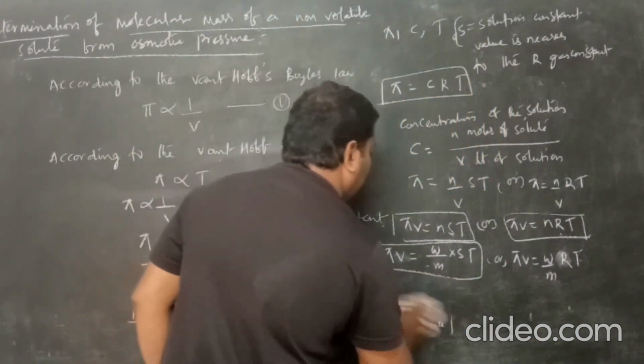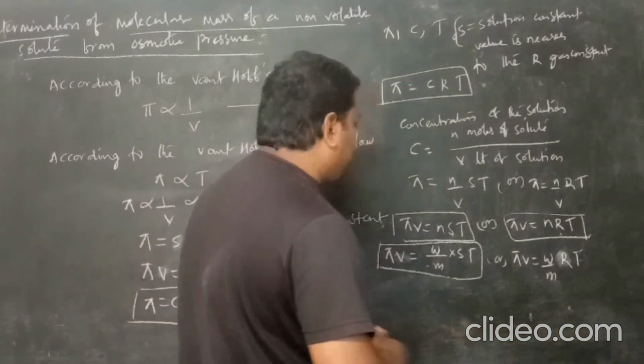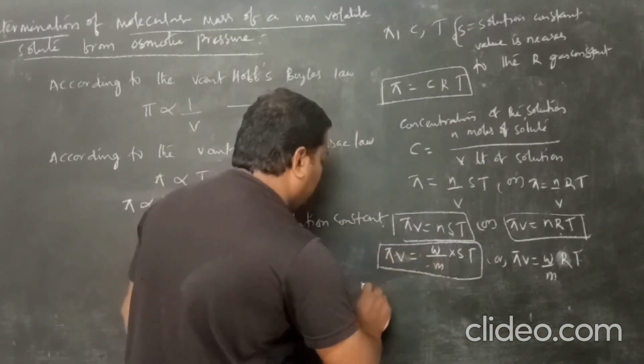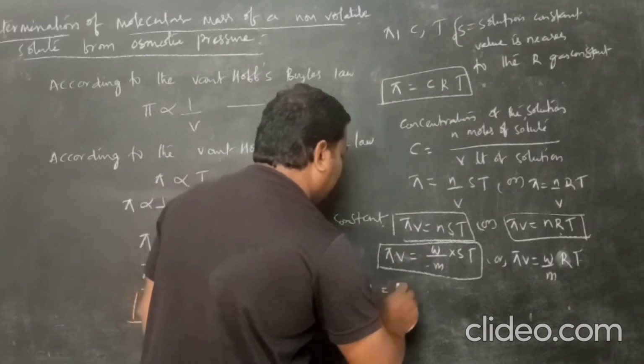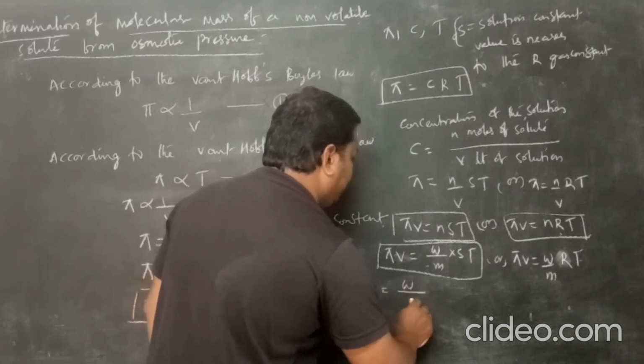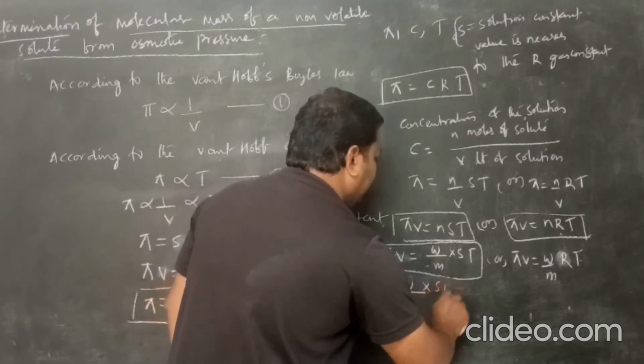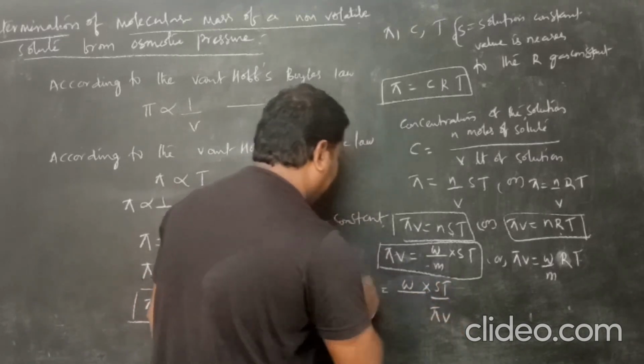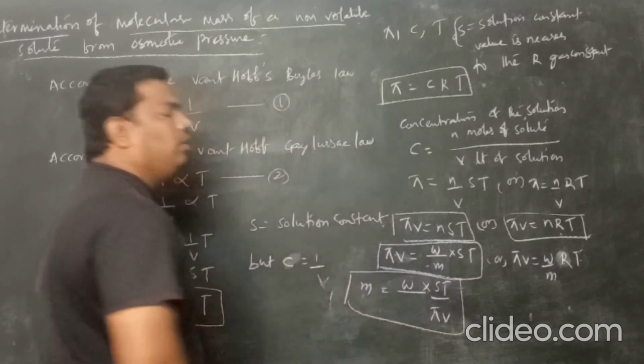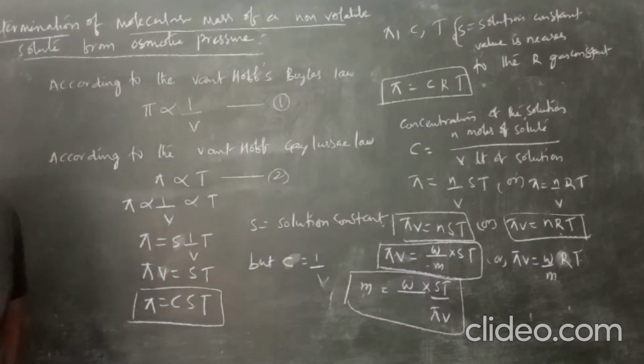That is M is equal to W into S T by pi V. So this is the molecular mass of the non-volatile solute.